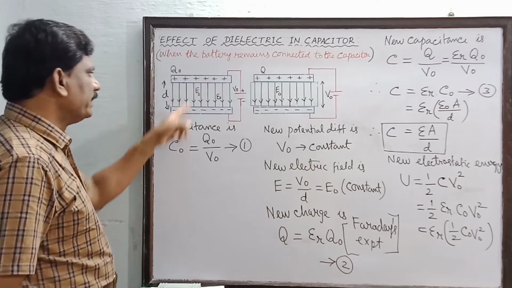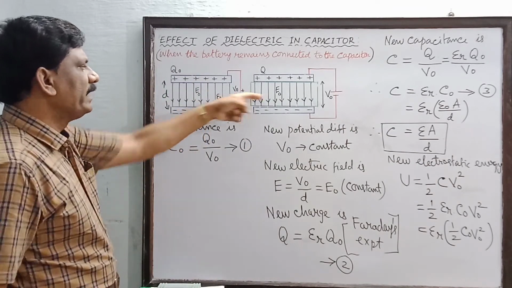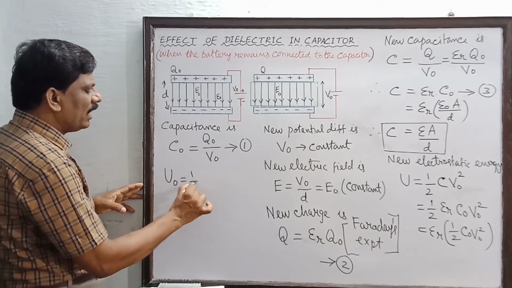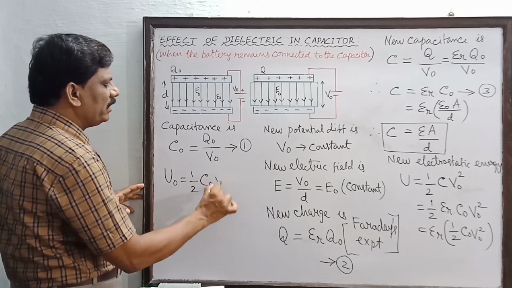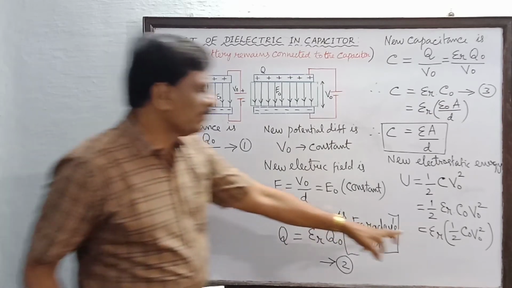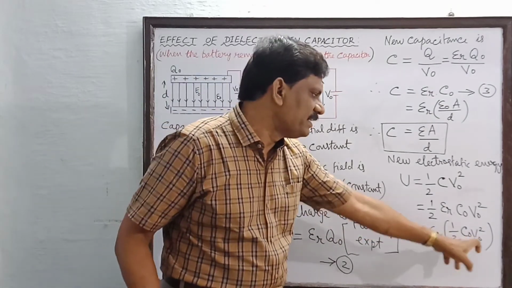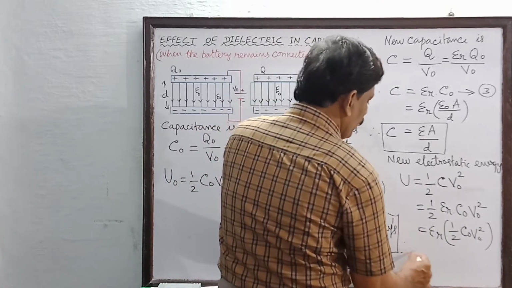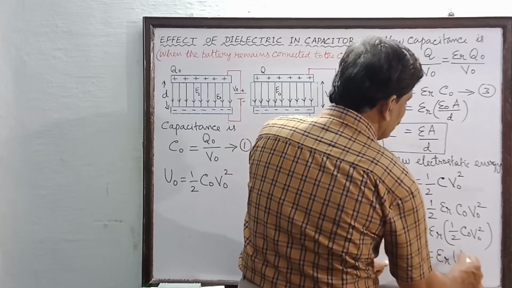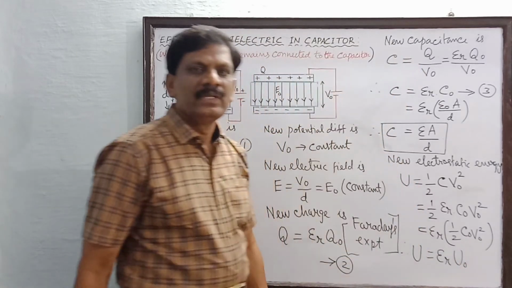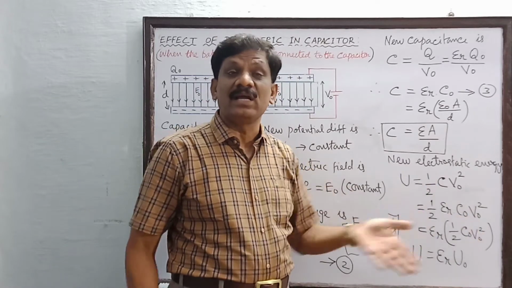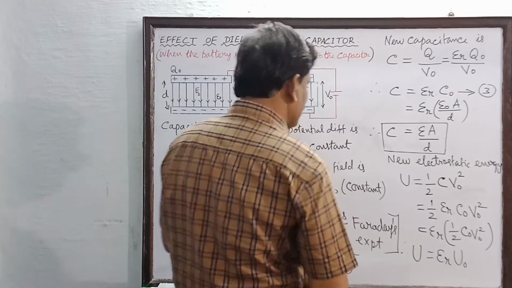Before the dielectric was introduced, the energy was half into C naught into V naught square. Now it becomes epsilon R times half C naught V naught square. Therefore, U is equal to epsilon R times U naught. That means the energy increases epsilon R times, because epsilon R is always greater than 1.